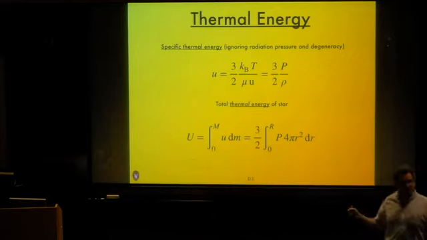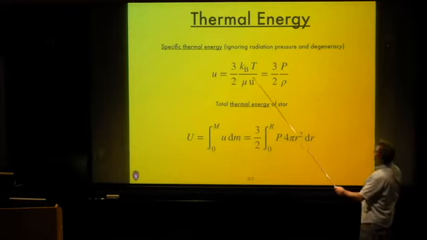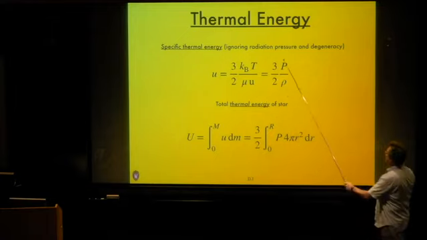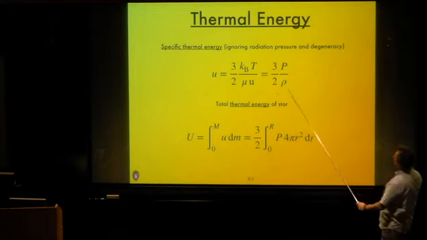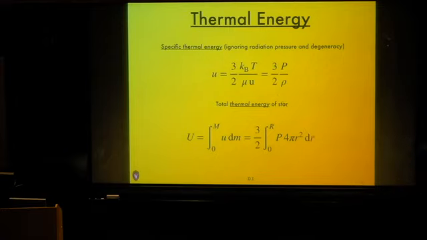The particles have 3 degrees of freedom because they're moving in 3 dimensions. So each particle has an energy of 3/2 kT. And if we divide by the mean mass per particle, which is just mu times u, we find that the specific thermal energy, the internal energy per unit mass, is just 3/2 times the ratio between pressure and density.